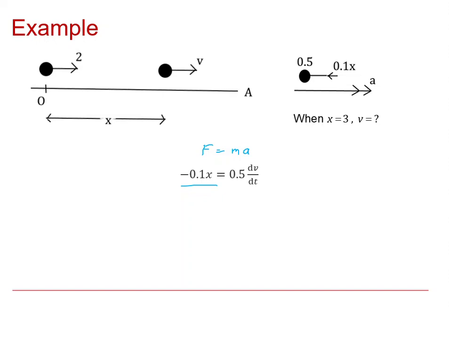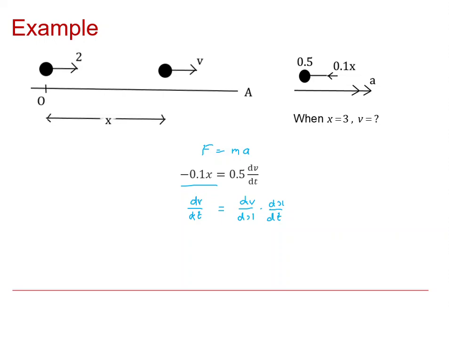Now, this is where there is a really sly maneuver. If we take dv by dt as the current form of acceleration, we can think of v as being a function of x, in which case we would naturally get dv by dx as our derivative, and to relate the two we'd need to multiply that by dx by dt, so that by the chain rule the right hand side is again dv by dt.